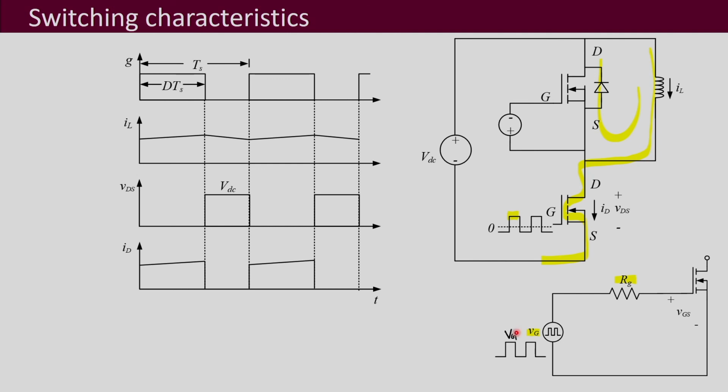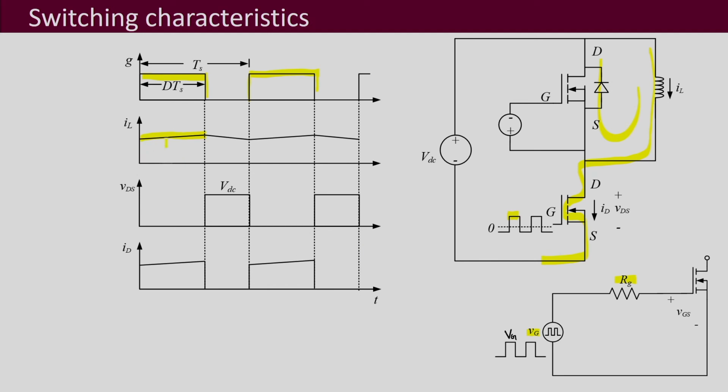Now, the waveforms we are going to obtain. This is the gate pulse given to the gate to source, and then there is the inductor current, which increases slightly when the MOSFET is on. The voltage across the inductor at that time is equal to VDC, because this MOSFET is on, which we can assume to be like a short, since these waveforms are drawn for an ideal MOSFET.